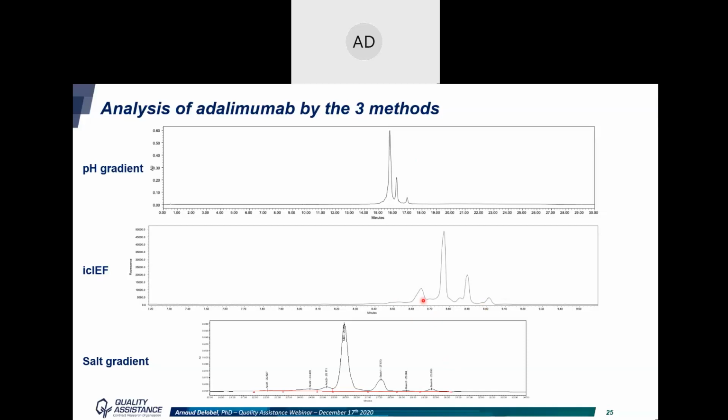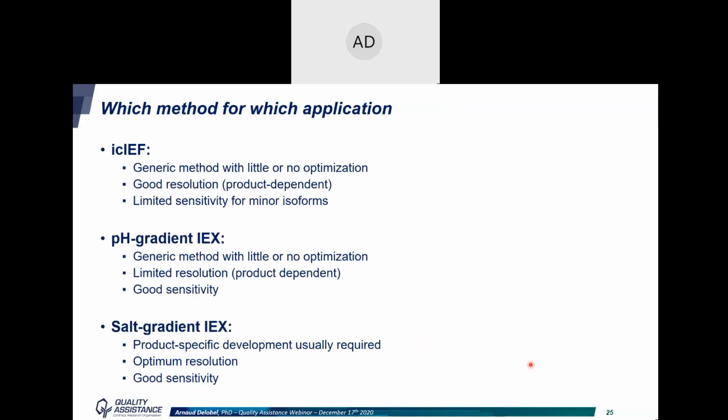You should not focus on the relative intensities of the different peaks because the analyses were done at different moments and with different batches of adalimumab, but you should focus more on the resolution. And you can see that resolution is quite comparable between icIEF and salt gradient. You may have some improvements for some variants and lower resolution for others, but globally, it's quite similar.